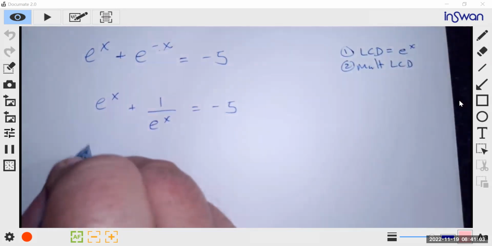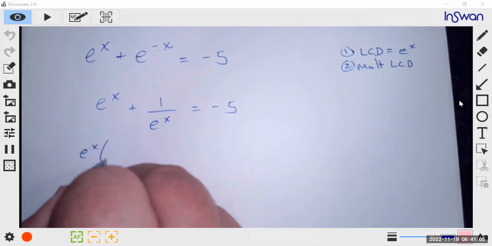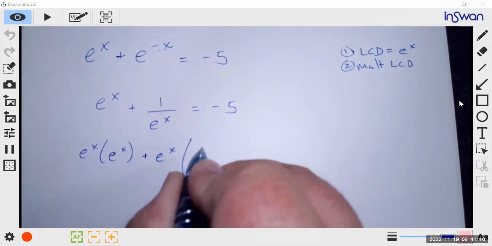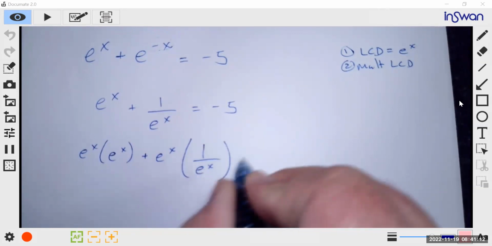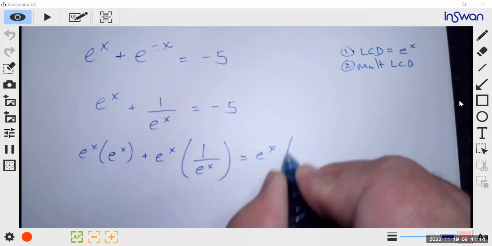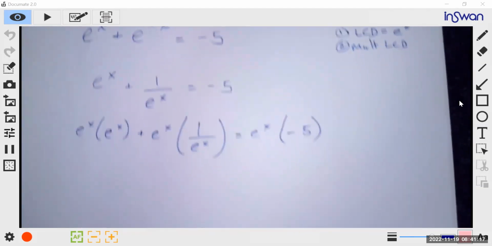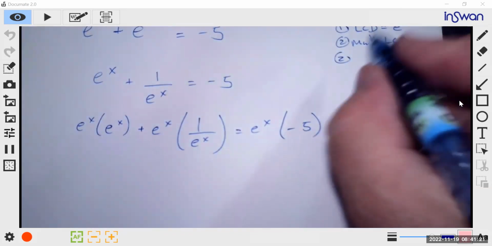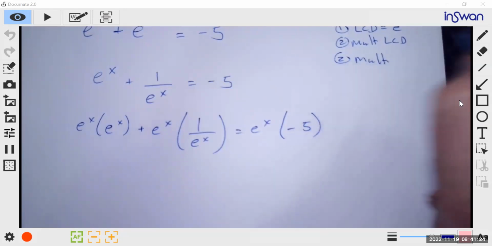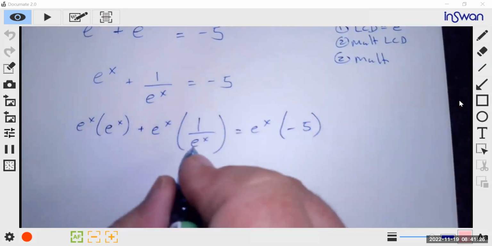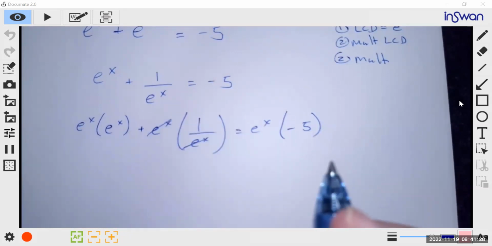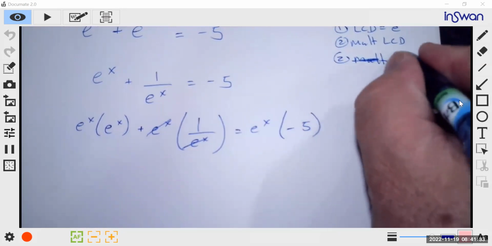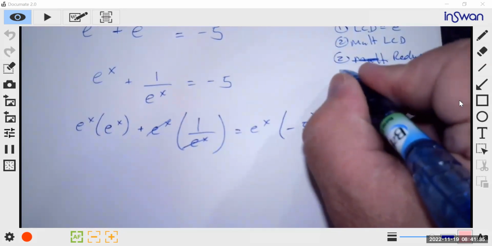Multiply by the LCD, so it's e to the power x times e to the power x, e to the power x times 1 over e to the power x equals e to the x times -5. Multiply to remove parentheses. The only thing is it cancels, I'm sorry, reduces. And then that's step 3.